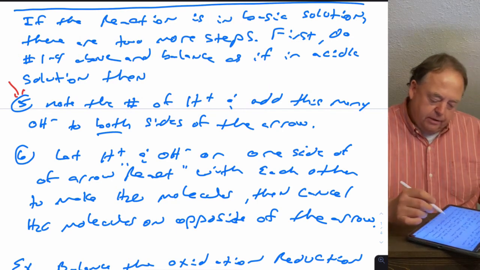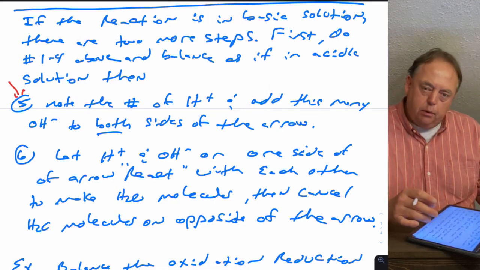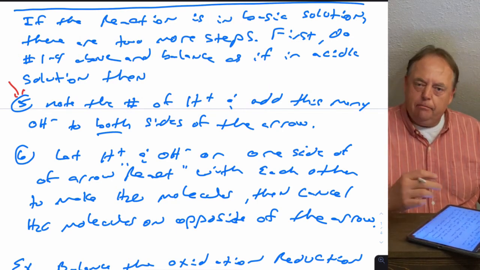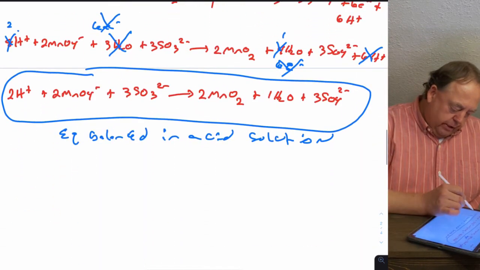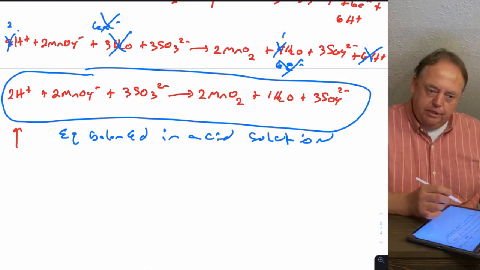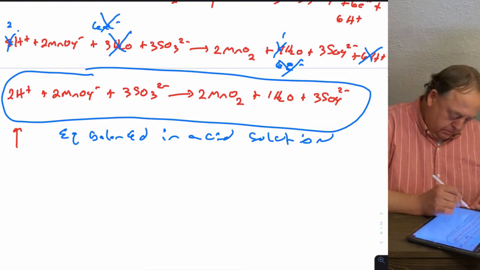So then we can move on to step 5. So note the number of H pluses and add that many OH minuses to both sides of the arrow. So we have 2 H pluses on the left, so we can add 2 OH minuses to the left and to the right.